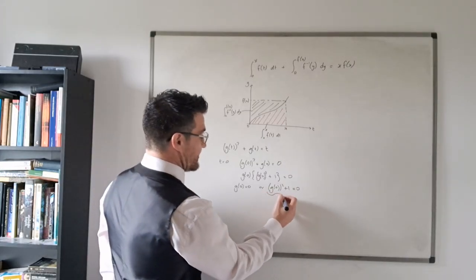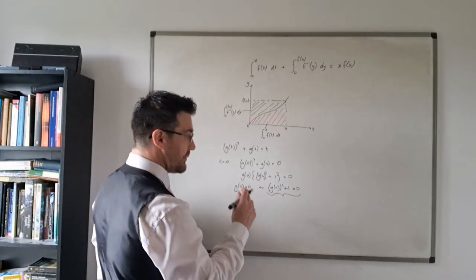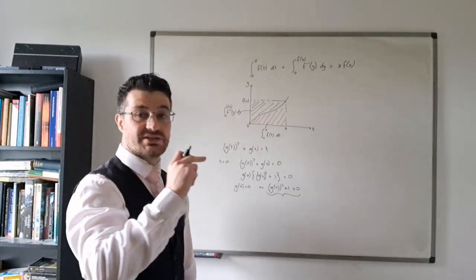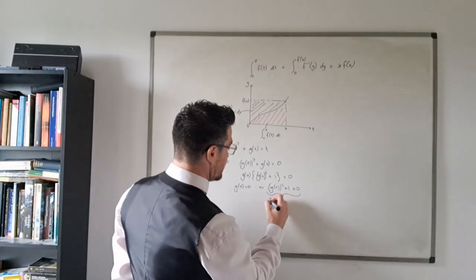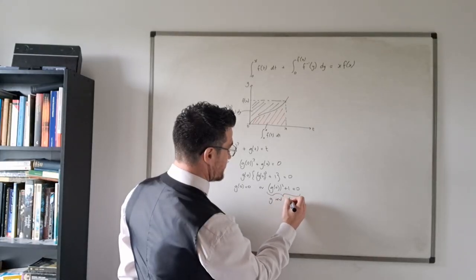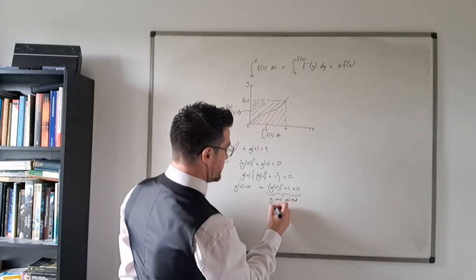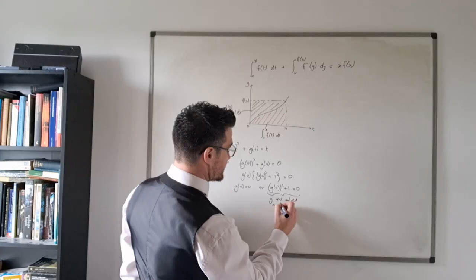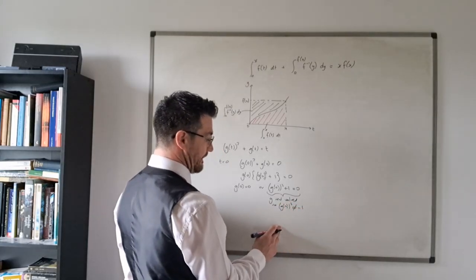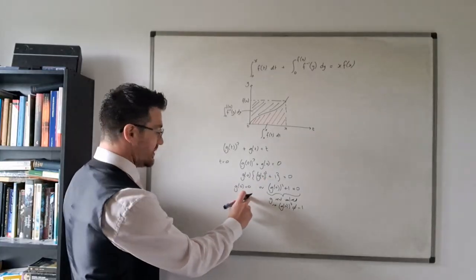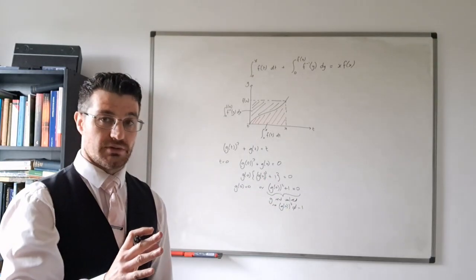Well, why can this not happen? Because g is a real function. It's a real valued function. g is real valued. So (g of 0) squared is not equal to minus 1. Okay, so therefore g of 0 must be equal to 0.